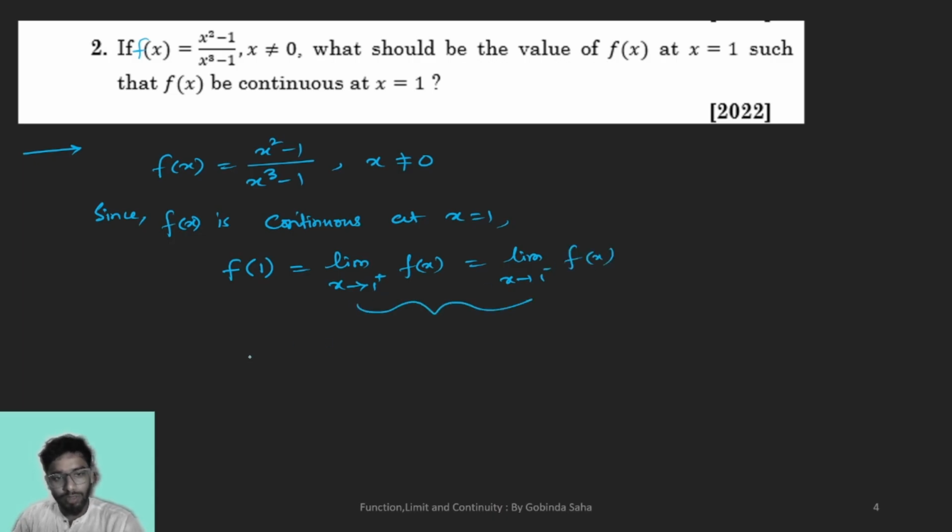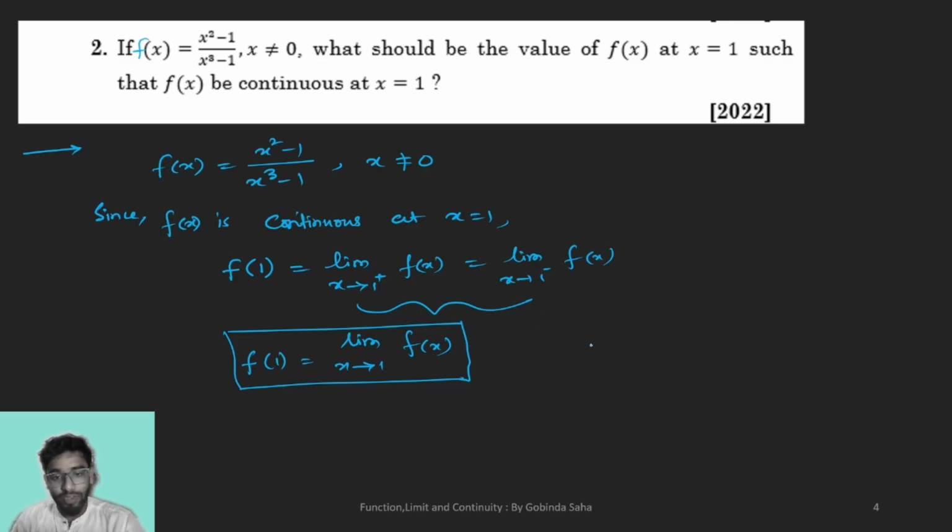But these two can also be written as, that means the existence of the limit is there, no? So you can write it as limit x tends to 1 f(x).